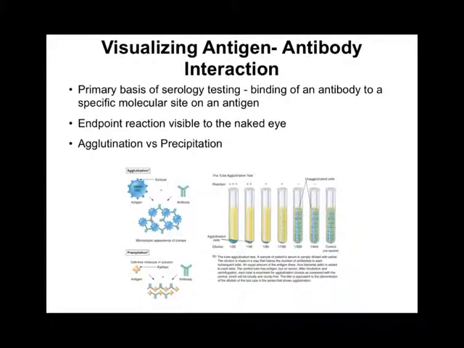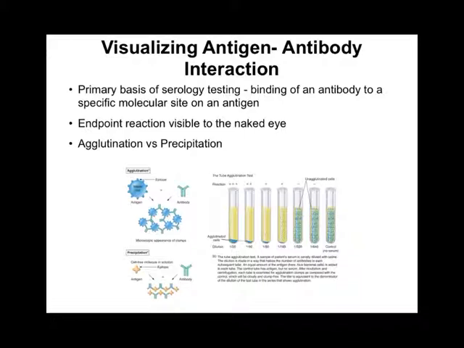How do we visualize antigen and antibody interactions? Well, if we have agglutination or precipitation, we can actually see it with the naked eye. But some of the smaller antigen-antibody complexes will require special indicators like fluorescent dyes or radioactive isotopes in order to visualize the quantities present.